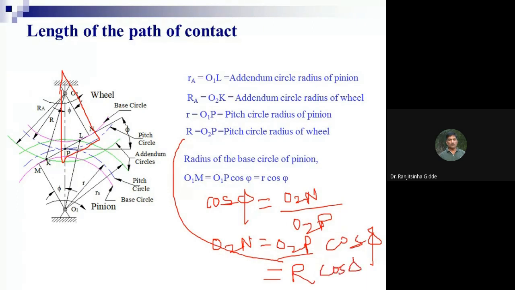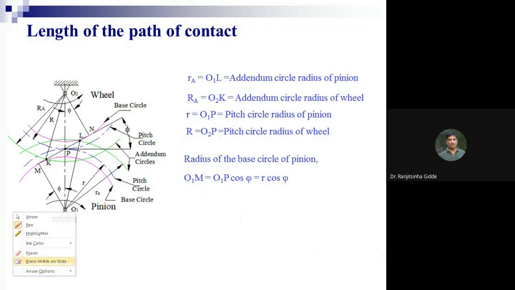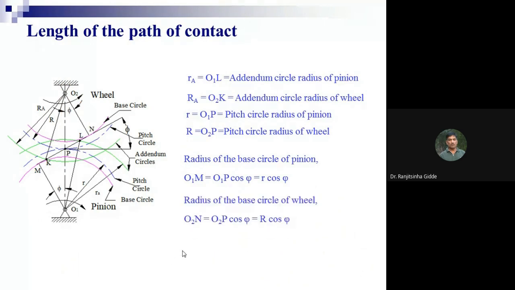Capital R cos phi. This is related to the wheel. Write down radius of base circle of wheel.